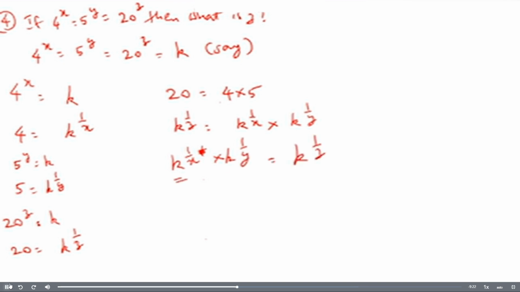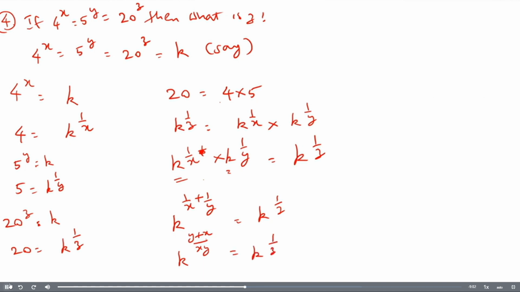Now, common base of k, so k to the power 1 by x plus 1 by y is equal to k to the power 1 by z. From this we take the LCM xy: k to the power (y plus x) by xy, that is, k to the power (x plus y) by xy, is equal to k to the power 1 by z.